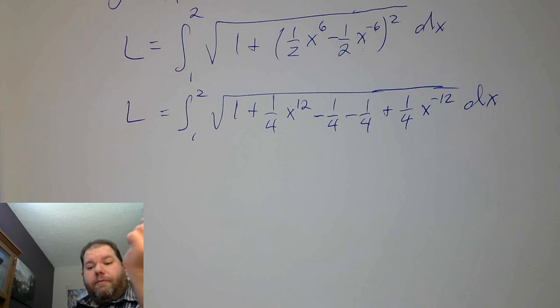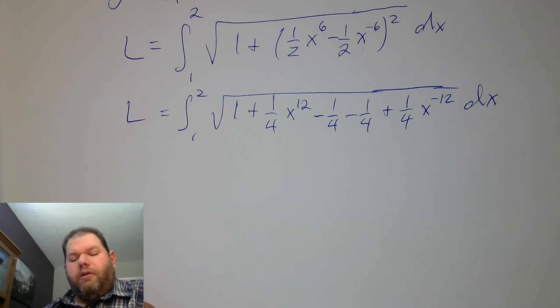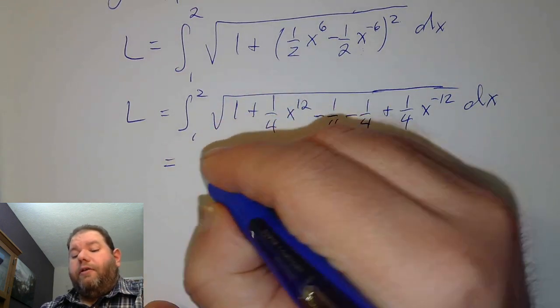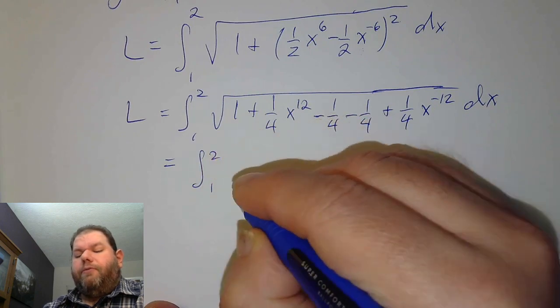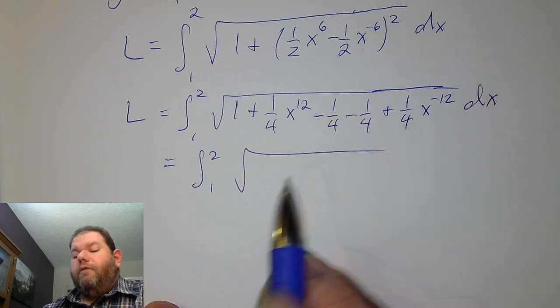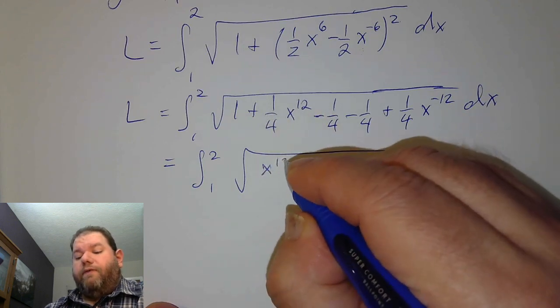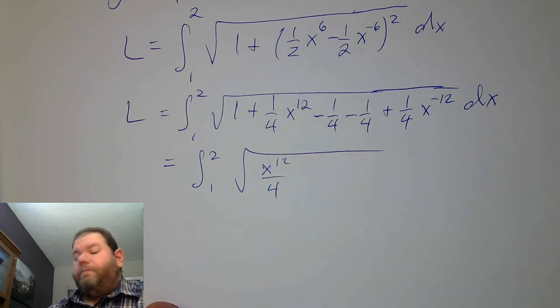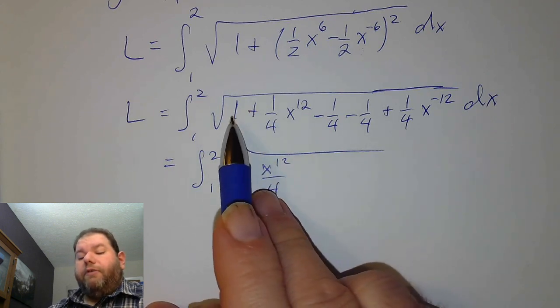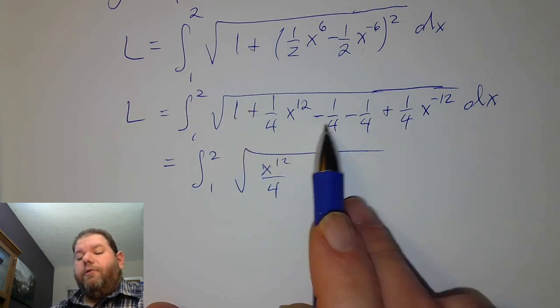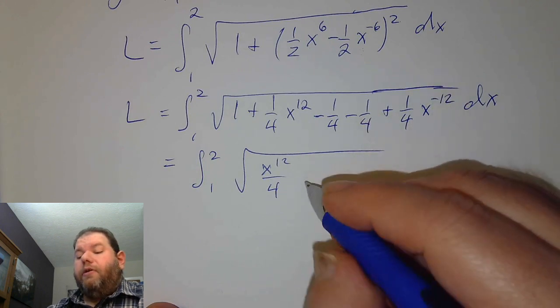From here, let's combine our like terms, and I'm also going to go ahead and rewrite these as fractions. For instance, we have 1/4 x to the 12th. We could make that x to the 12 over 4. Our constants, we have 1, a minus 1/4, and a minus 1/4.